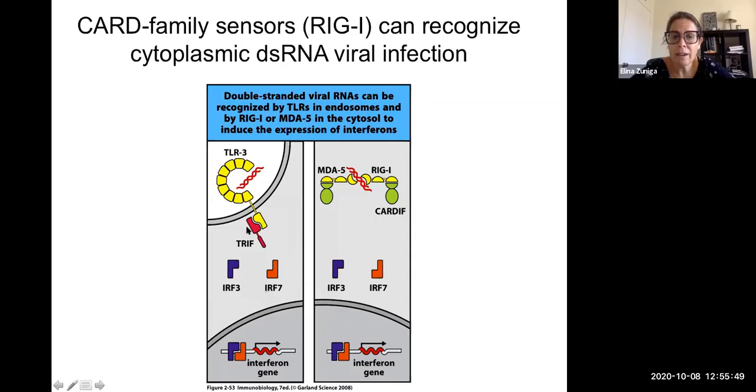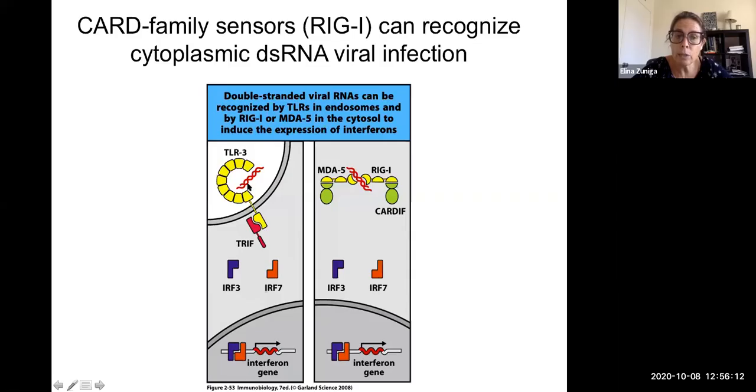And again, here we have another example of how the same PAMP can be recognized by more than one pathogen recognition receptor. For example, double-stranded RNA, we mentioned in the previous slide, can bind to toll-like receptor 3 in the endosome.